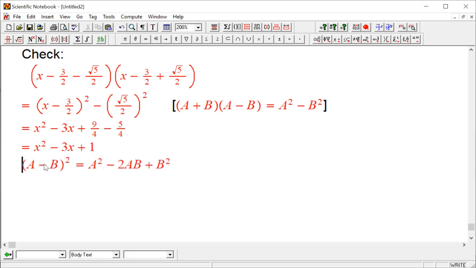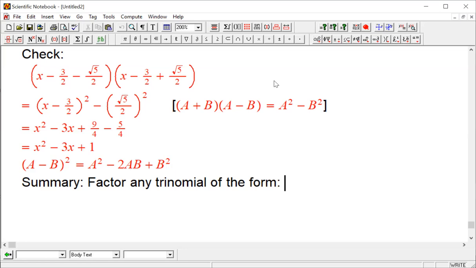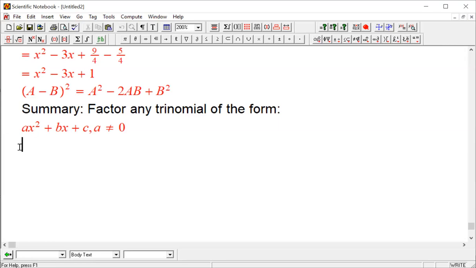So we got the factors. To summarize, factor any trinomial of the form ax squared plus bx plus c, where we assume that a is not 0. This will always be factored into x minus x sub 1 multiplied by x minus x sub 2, where x sub 1 and x sub 2 are solutions to the quadratic equation equal to 0.